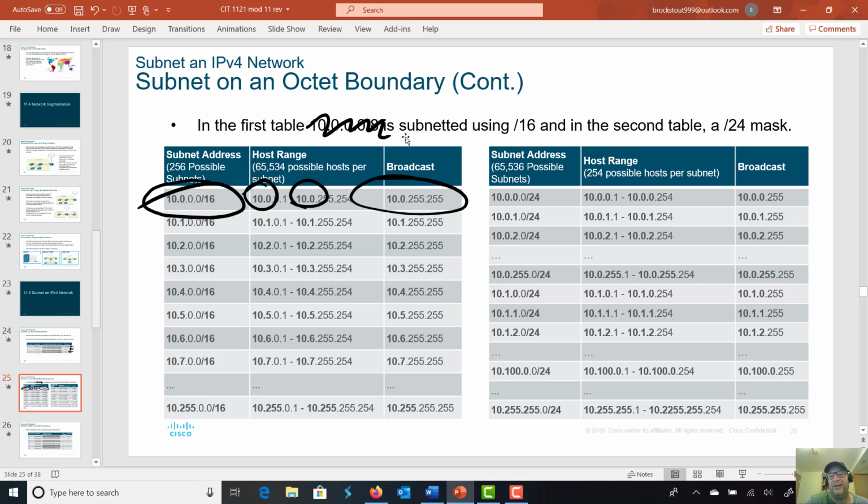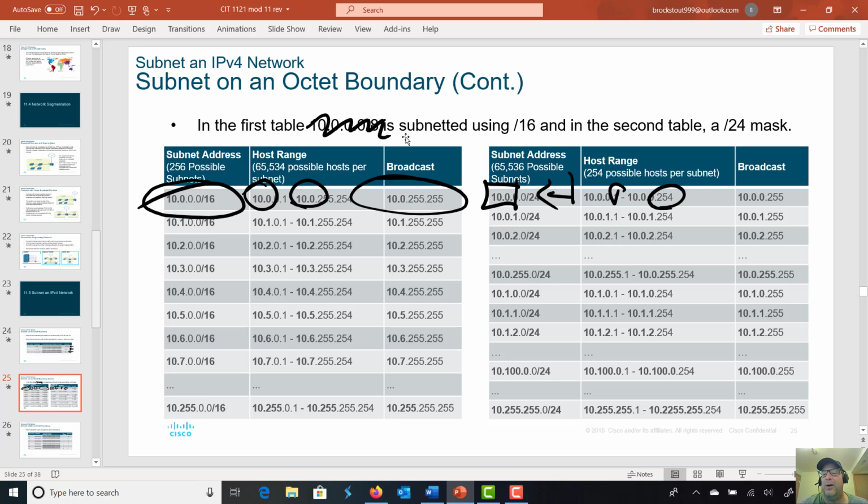If we look over on the right-hand side, you've got 10.0.0.0/24. Same network ID, same exact starting place. The subnet mask is now greater. It's not the first 2 numbers; it's now the first 3 numbers that we're going to use for the network. So only the 4th number, as it changes, is going to be available for hosts.